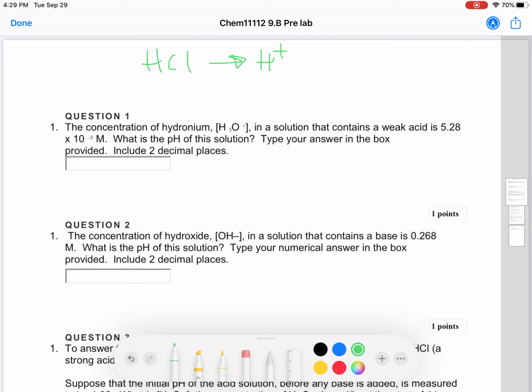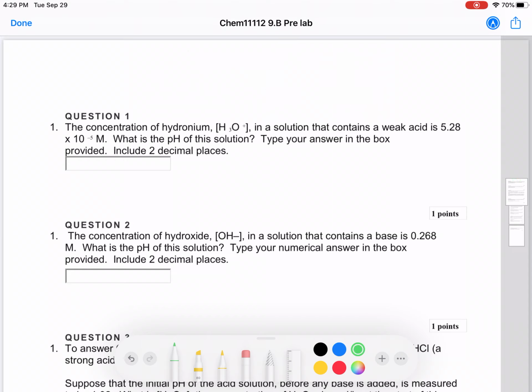It would completely dissociate to give you hydrogen ions and chloride ions in a 1-to-1 ratio. And in fact, in an aqueous solution, you would not find any hydrochloric acid intact as HCl. It would be 100% H+ and 100% chloride ions. For example, if you start with a 1 molar solution, your H+ would be 1 molar, chloride would also be 1 molar. But it's different for a weak acid.